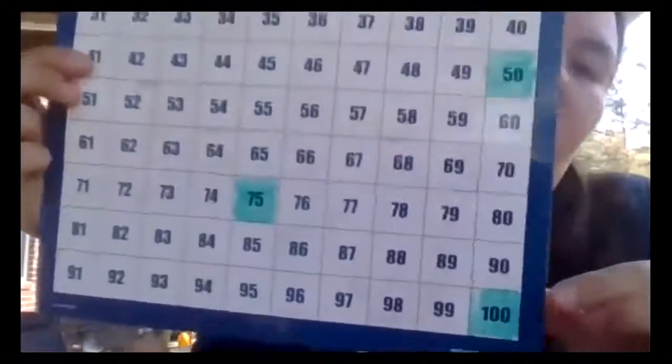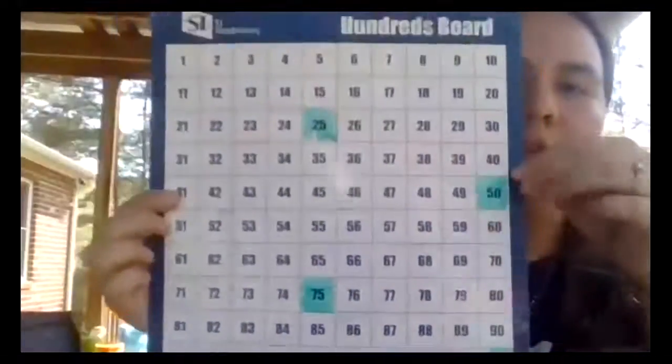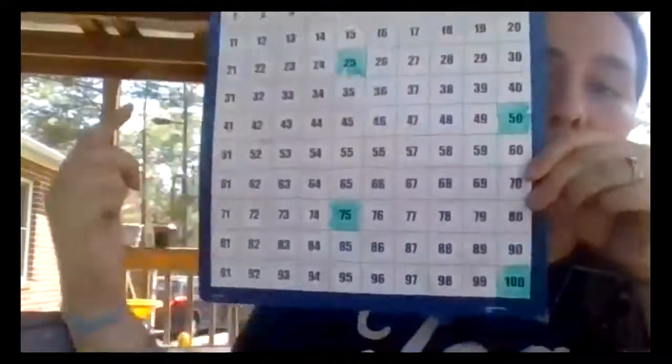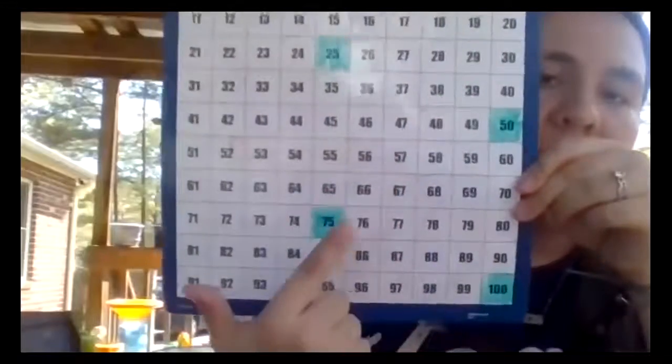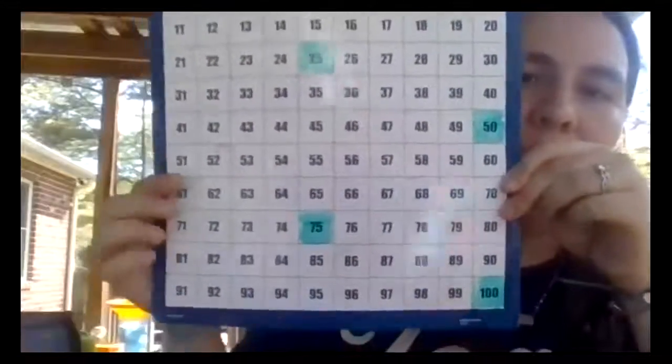So with your color at home, you can color in your last square for 100, which means we got to $1. So it takes 4 quarters, 25, 50, 75, $1. 4 quarters to get to $1, okay?